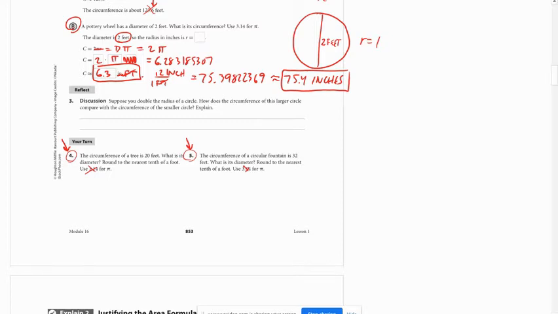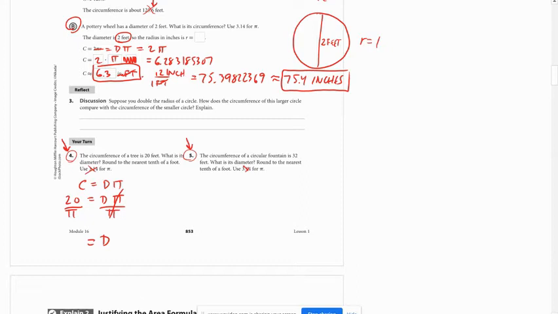For problem 4, the circumference of the tree is 20 feet. What is the diameter? If we say circumference is diameter times pi, we know the circumference is 20 feet. So if we divide both sides by pi, then we get diameter equals 20 divided by pi.